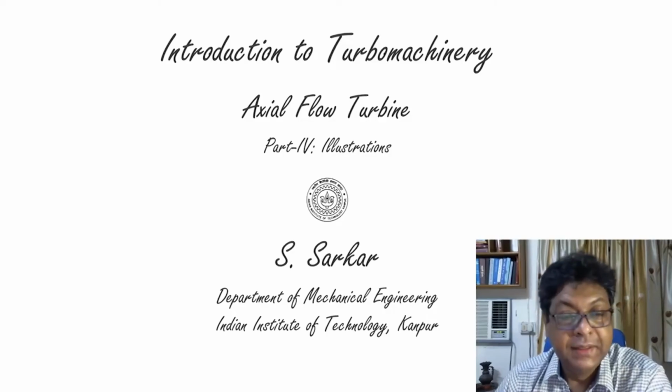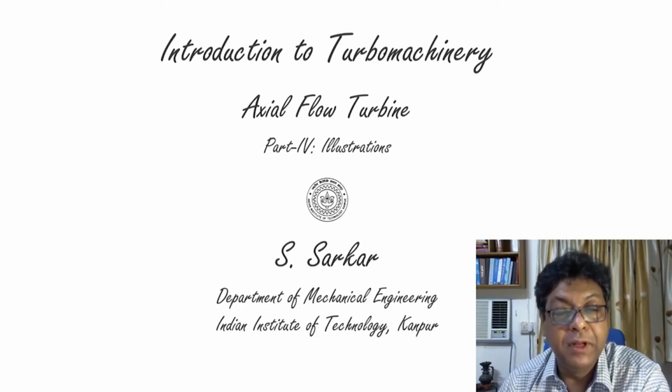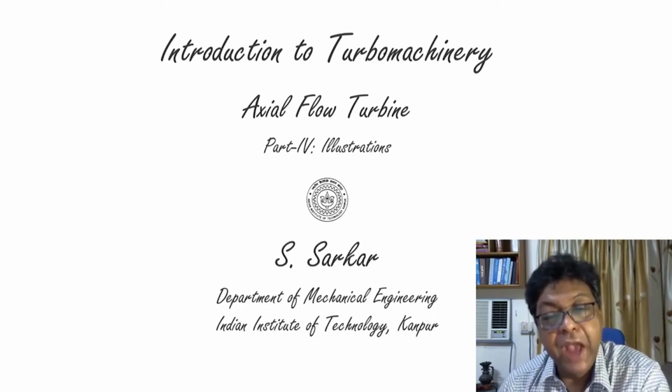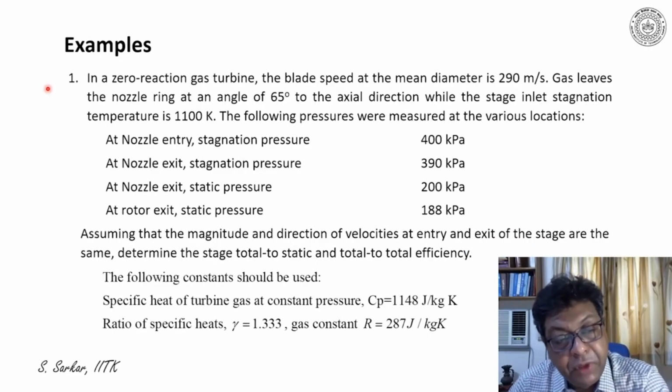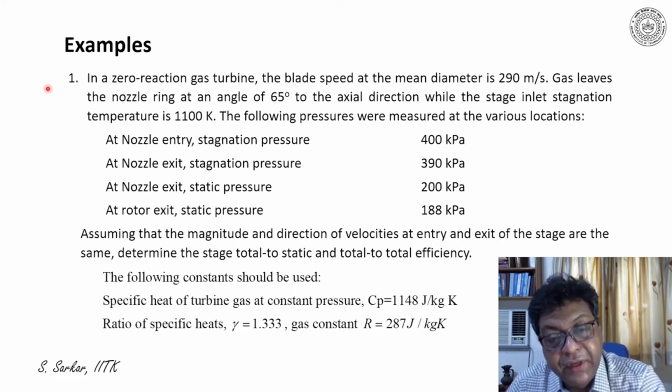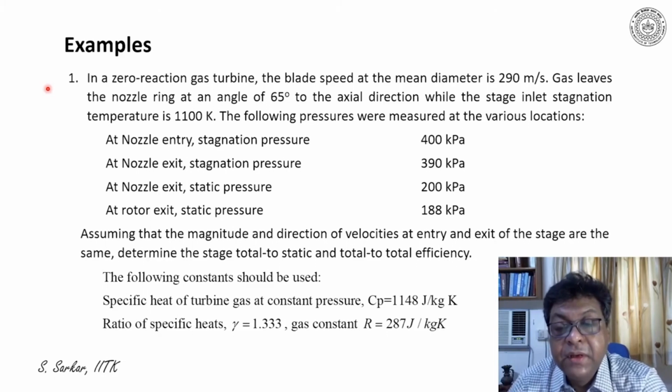Good morning. Here I'll solve a problem illustrating axial flow turbine. The statement of the problem is, in a zero reaction gas turbine, that is in an impulse turbine, the blade speed at the mean diameter is 290 meters per second.